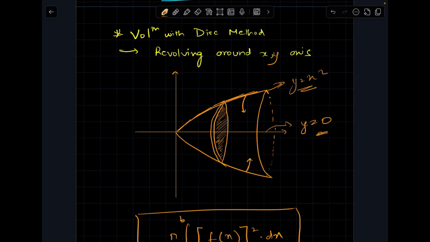And to find the volume of this figure, we are going to be calculating the area of a disk like this. You're going to calculate the area of this disk, and we are going to be integrating it over whatever limits we are given, x coordinates from x1 to x2.